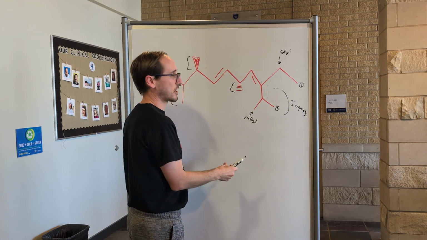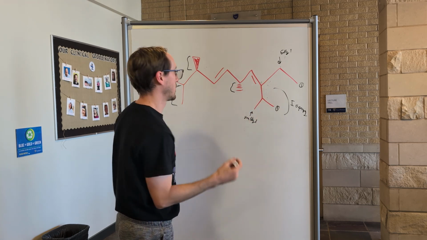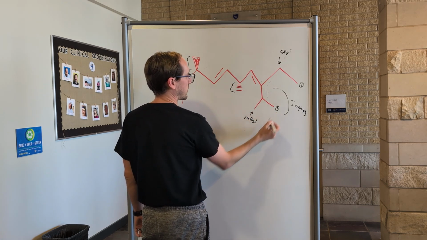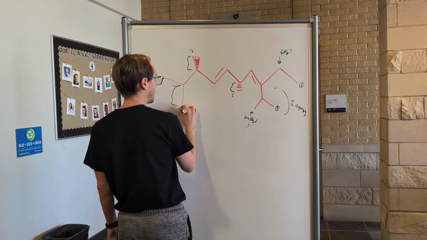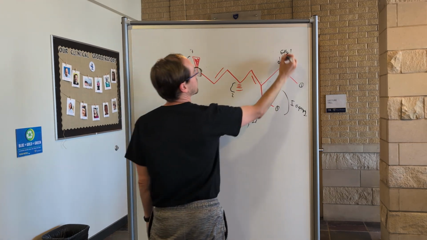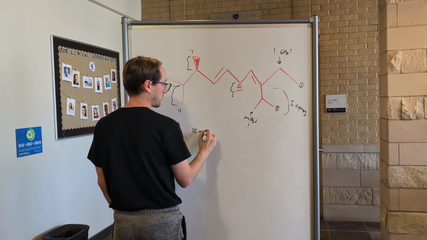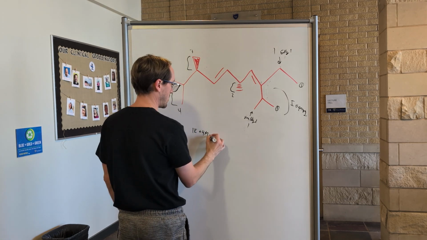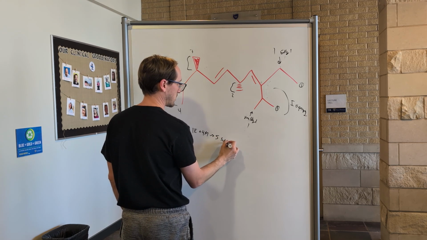So the idea is you're trying to have the most substituents on the chain that you can have. So if you start here, you get 1, 2, 3, 4 methyl groups and 1 ethyl group. So 1 ethyl plus 4 methyl groups, which is a total of 5 substituents.